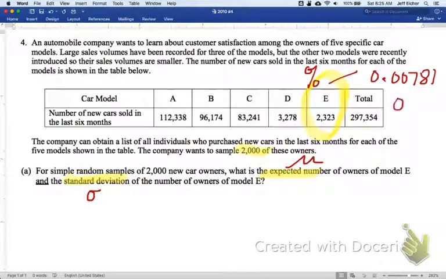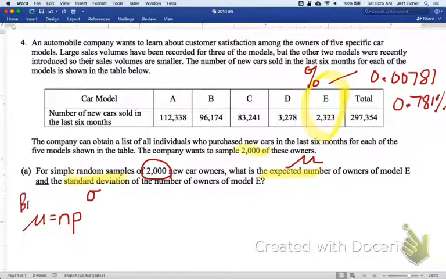As a percentage, that would be 0.78%, so less than 1%. If we have samples of 2,000, then our mean would be n, 2,000, times the proportion that we're expecting.